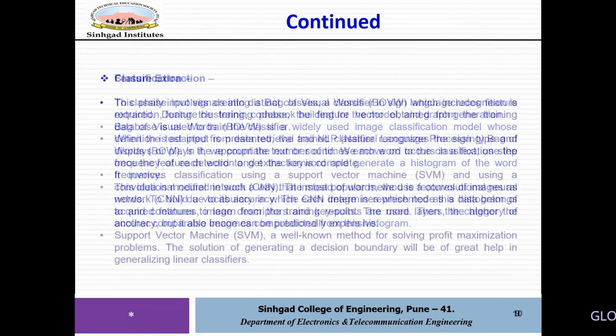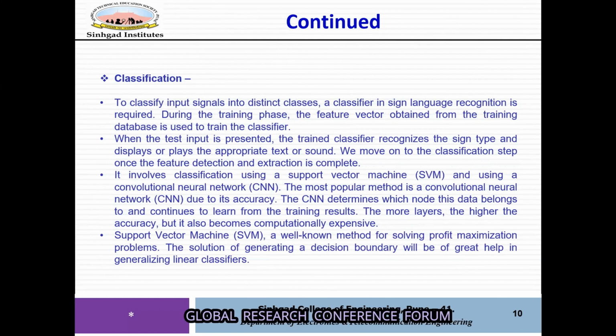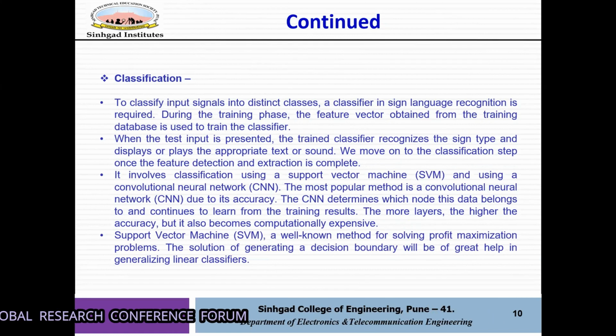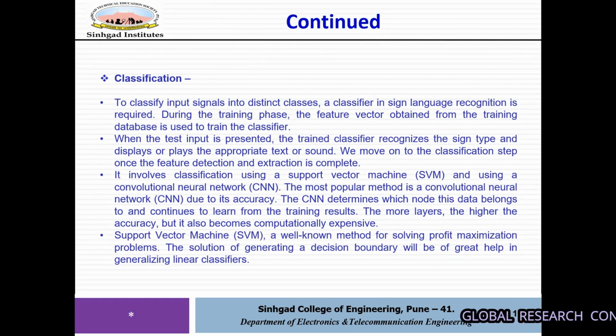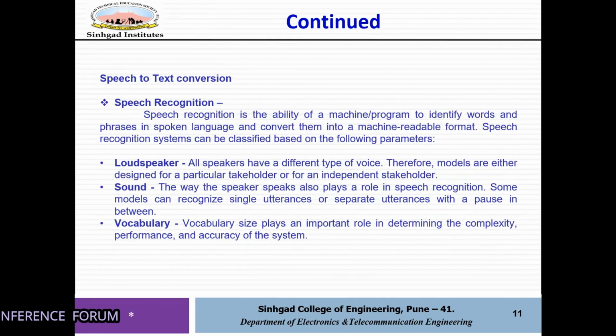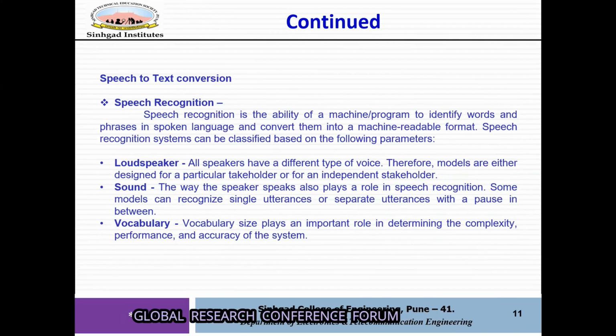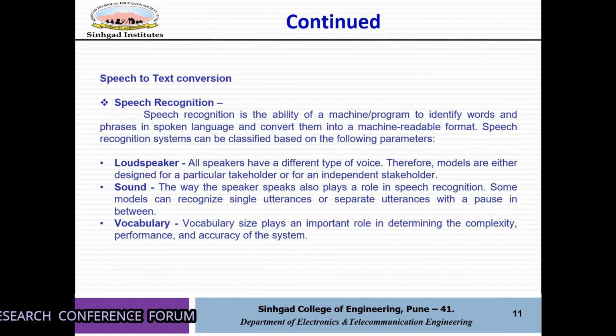Then comes classification to divide the analyzed inputs into particular sections and distinct classes where we compare it with a database as a reference. We are using the TensorFlow database, for example. Then once we recognize a sign and put through the labels, we give it as an output in the form of either text or in audio format as speech.